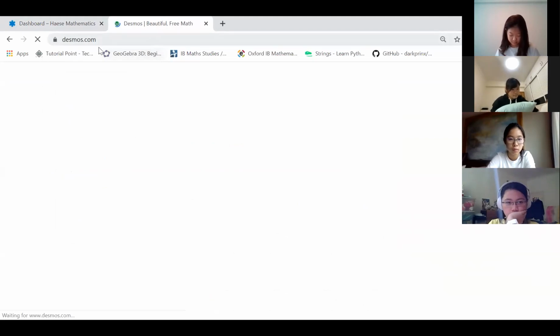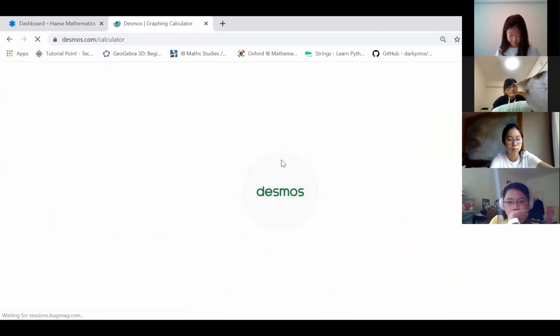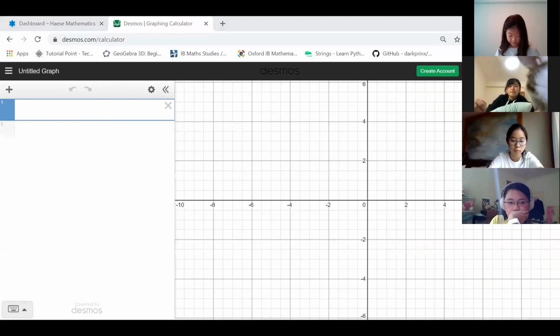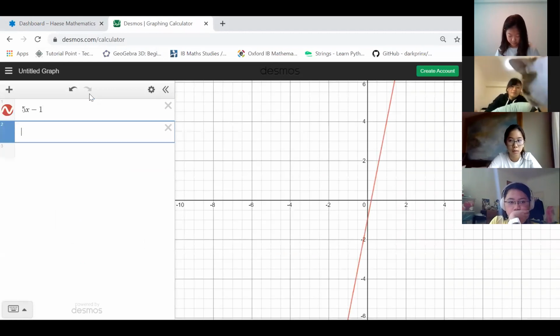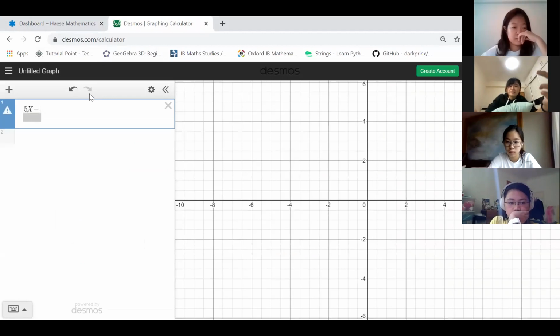Okay. So the function is a rational function, numerator 5x minus 1, and denominator is x minus 5.